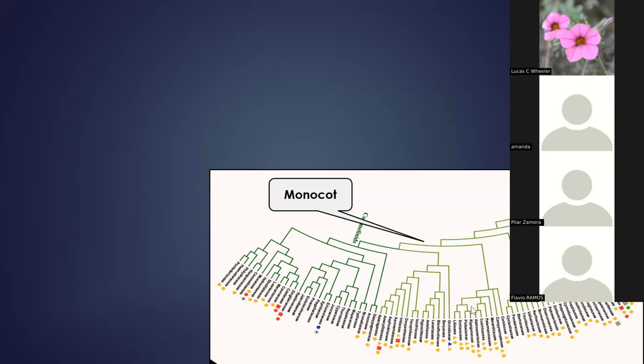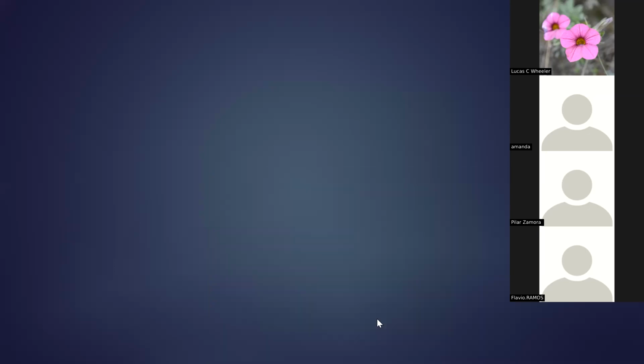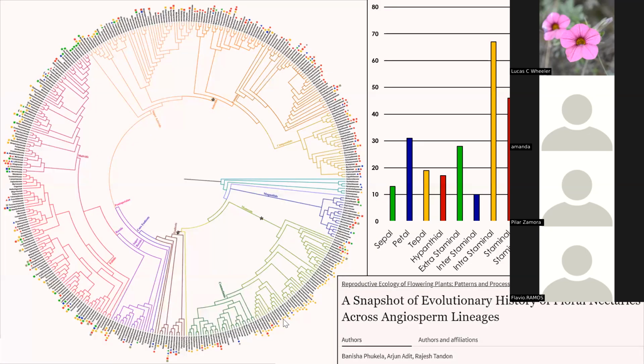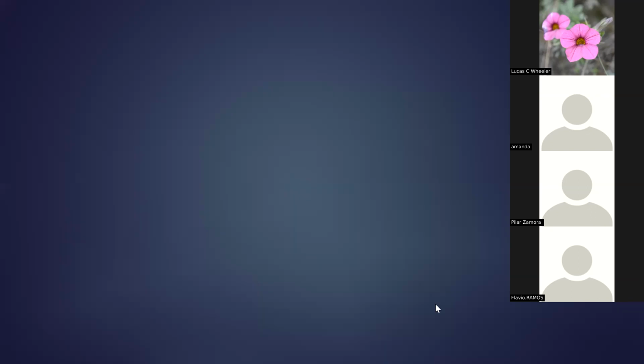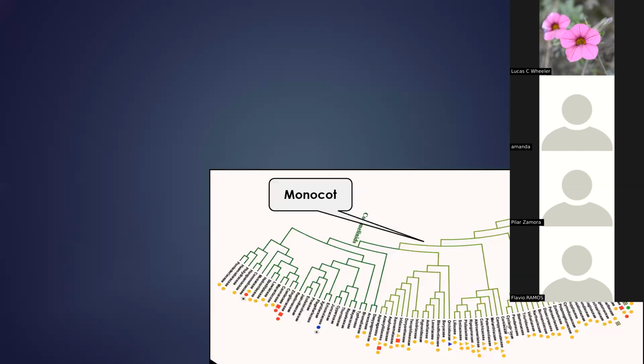if you see, this is just a section of this tree, and this is the monocot clade. Most of the families coming under the monocot clade show these yellow symbols, they are mainly in many families. If you look, you would find occasional presence of other types of nectary.